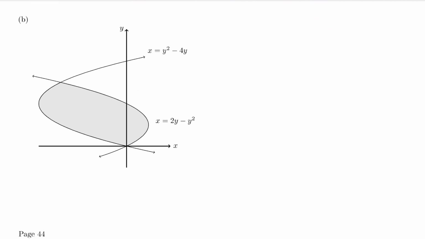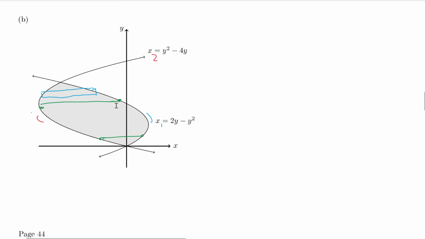Looking at this example, you can see that it's qualitatively different than the last example because we're going to want to use y as our variable of integration, because each one of our left to right distances is going to be defined by doing curve x1 here, this first curve, minus x2, this left-hand curve, because we're going from the positive x values to the negative x values.